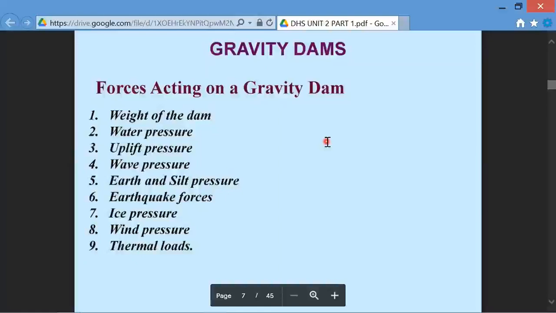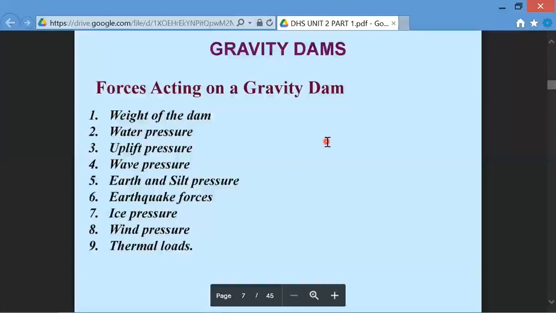Now, what is a gravity dam? In a gravity dam, the whole water pressure is resisted by the action of its own gravity. Own gravity means the overall weight of the dam. The action created by the weight of the dam helps to resist the water pressure.